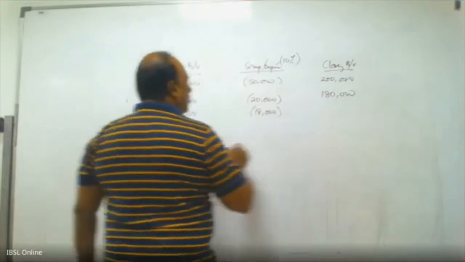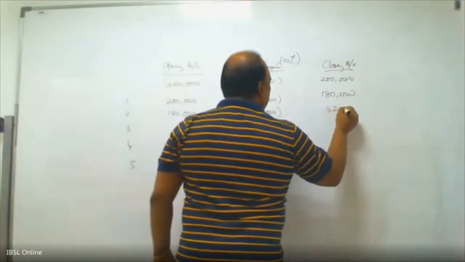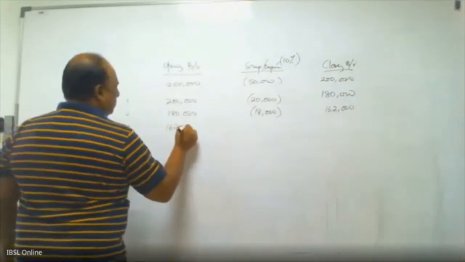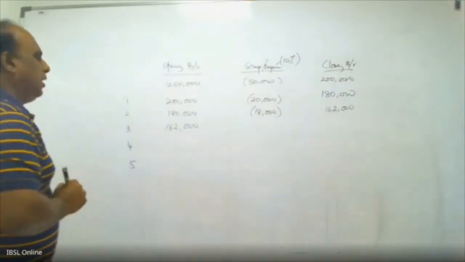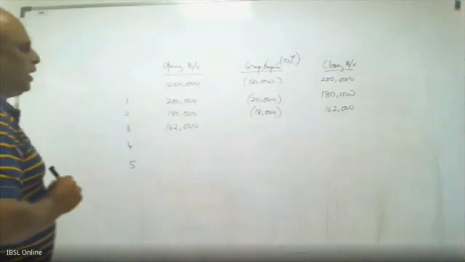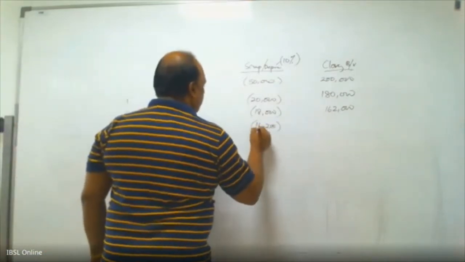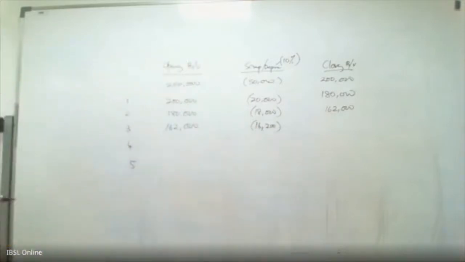So that will give you 162,000. Then 162,000 at 10%, 16,200. So you have to do it quickly. What is the answer there?